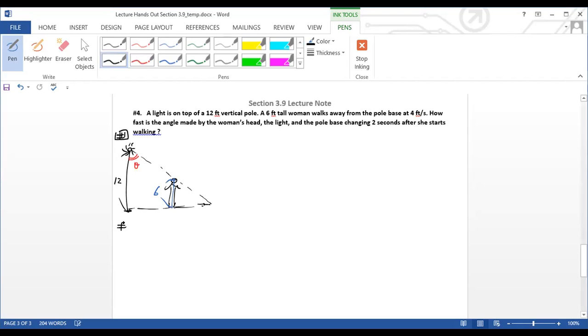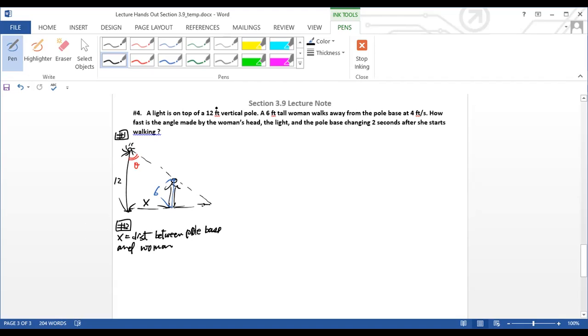Now let's take a look at number 2. They said list all the known and unknown variables here. So theta is the angle. Now x is the base, so I will say x is the distance between the pole base and the woman, right?